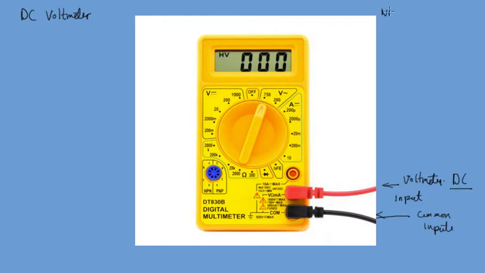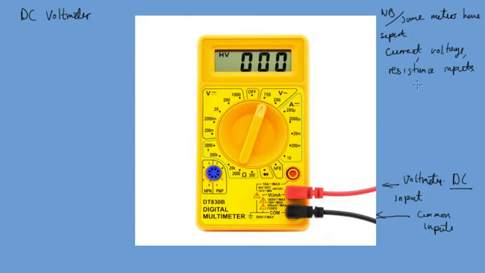Just to note, some meters have separate current, voltage and resistance inputs. So you just need to bear in mind which one it is.